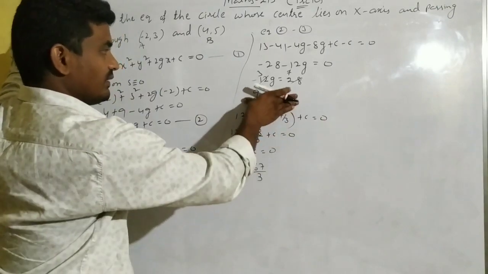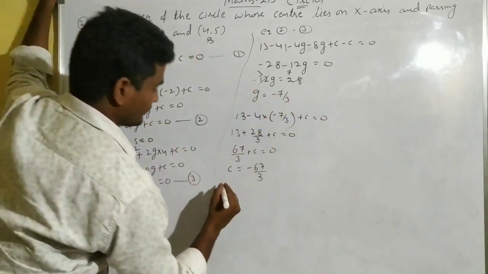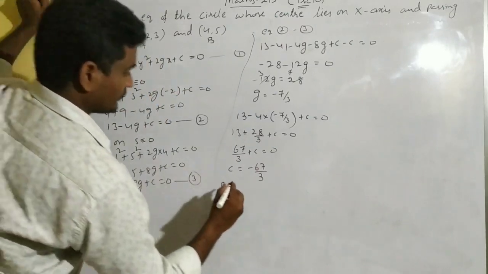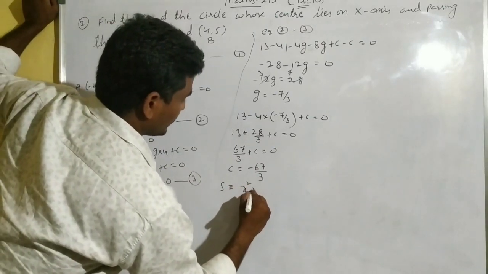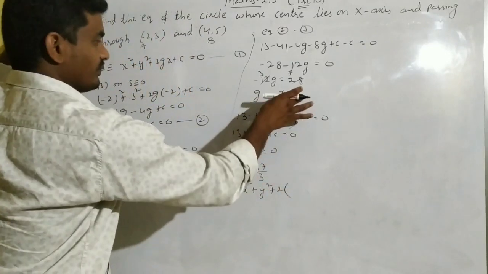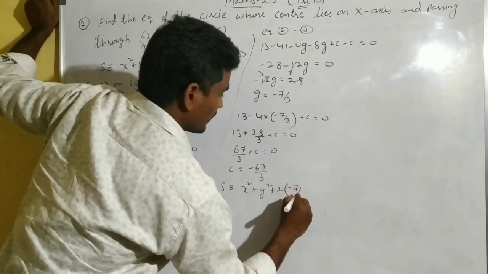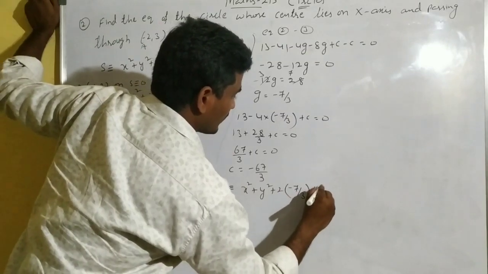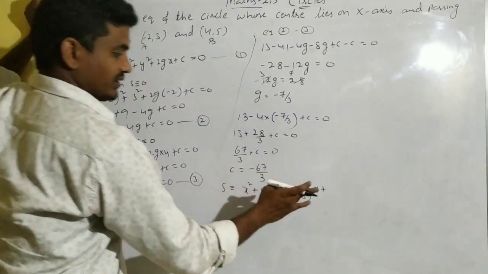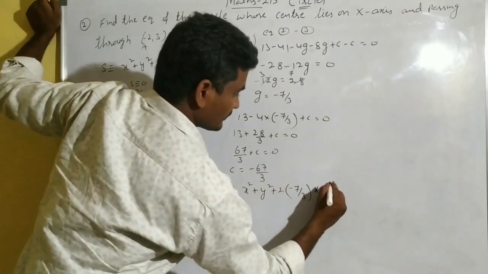The c and g values I am going to substitute in the equation. S equals x square plus y square plus 2 of g, which is minus 7 by 3, plus c, which is minus 67 by 3.